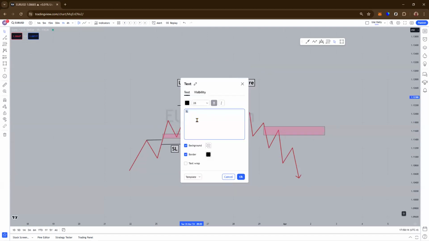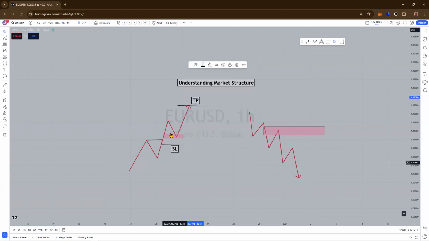You put take profit, TP, take profit. And that's usually a 1-to-2 ratio or 1-to-3 ratio. So that's pretty much what you need to learn and understand when placing a trade.